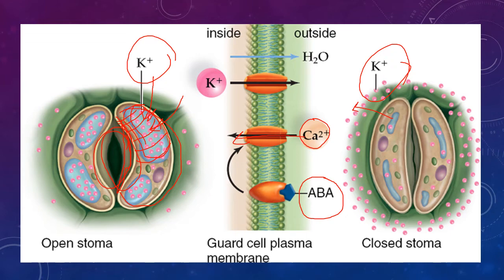When it does, again, because of osmosis, water follows. And then because of the structure of the guard cells, that turgidity is lost, and the guard cell walls just flap back together, closing the stomata.